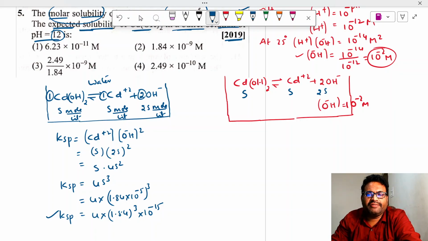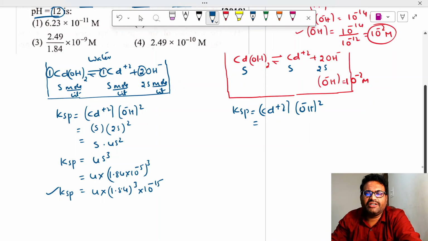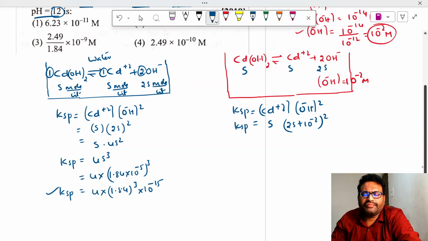Now write Ksp. Ksp is equal to Cd plus 2 concentration into OH minus ion concentration square, that is S into 2S plus 10 power minus 2 whole square. The OH minus ion concentration is 2S from cadmium hydroxide taken twice, plus 10 power minus 2 from the buffer solution.